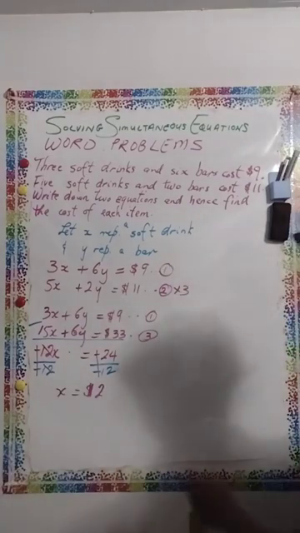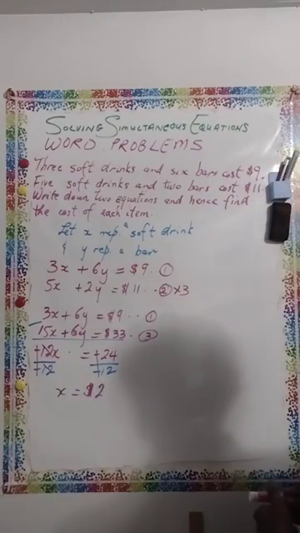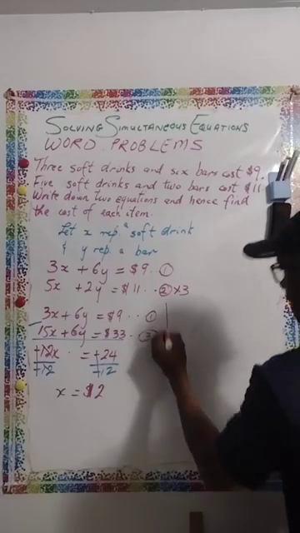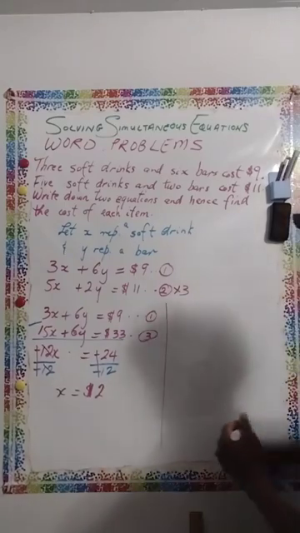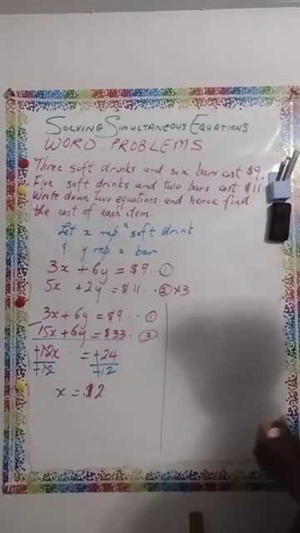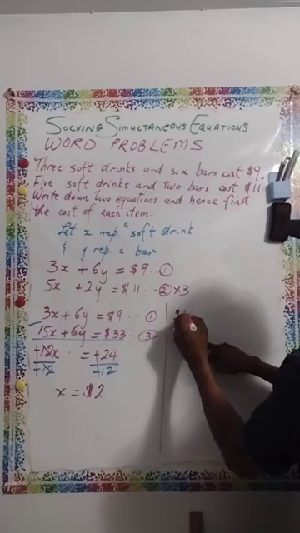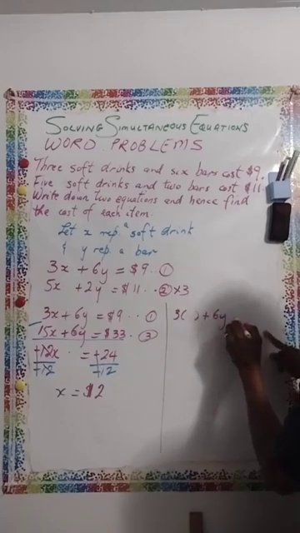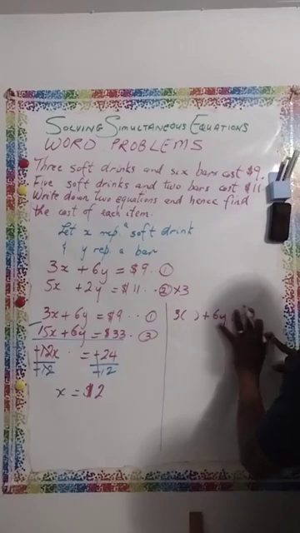And from there we're going to take this result and plug it into equation 1 or 2. Doesn't matter which one you choose. I'm going to choose one of them anyway. So you're going to have 3x plus 6y equals 9.